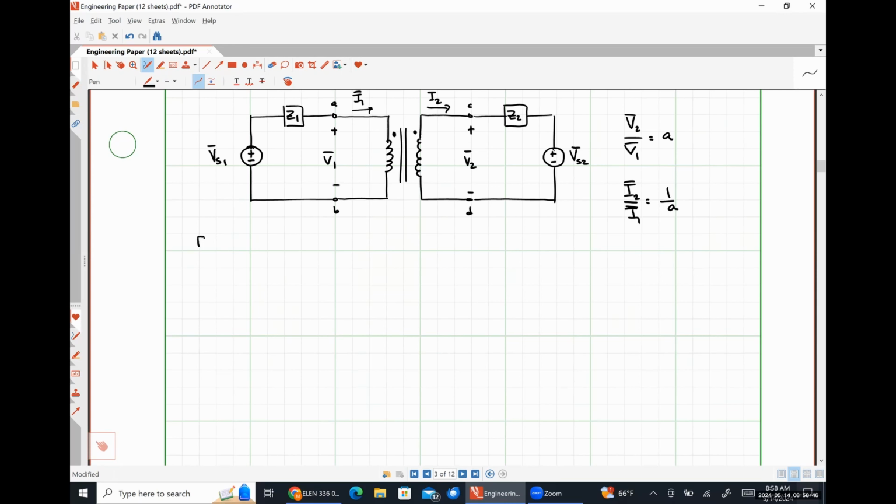What I want us to do is find the Thevenin equivalent circuit looking into terminals A and B. We're going to find a Thevenin voltage looking in, and a Thevenin impedance looking in, and then put those results together to give us our Thevenin equivalent circuit.